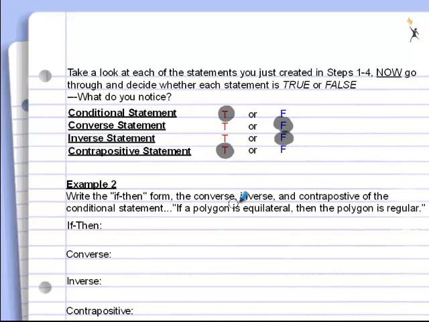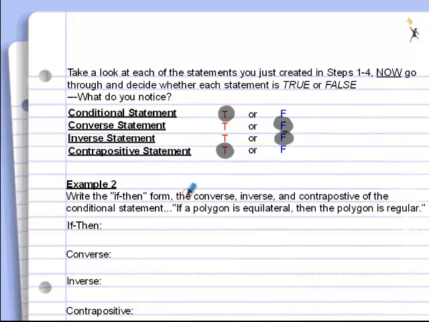Let's look at it again. Example 2 says, write the if-then form, the converse, inverse, and contrapositive of this conditional statement. Now, I'm going to help you identify the hypothesis and the conclusion. That way you can go through and label and then fill out the if-then, the converse, the inverse, and the contrapositive. If a polygon is equilateral, then the polygon is regular.